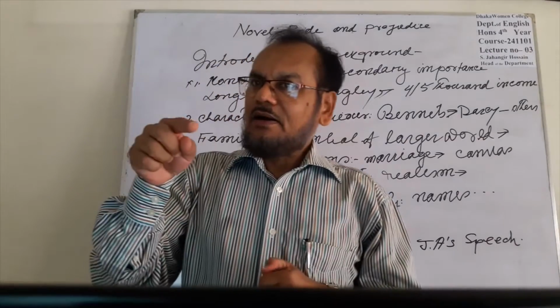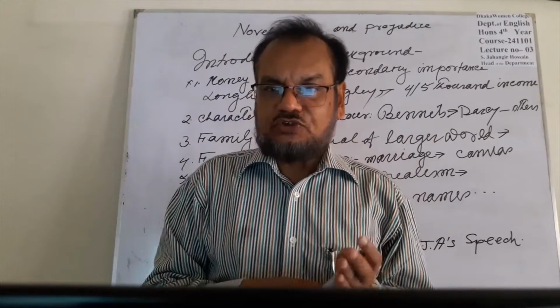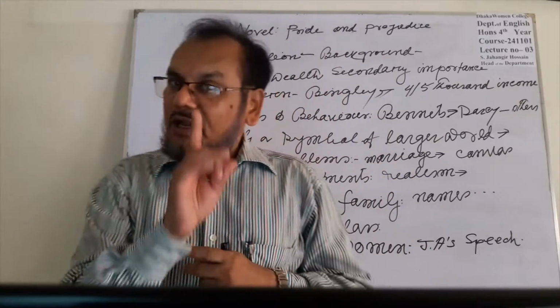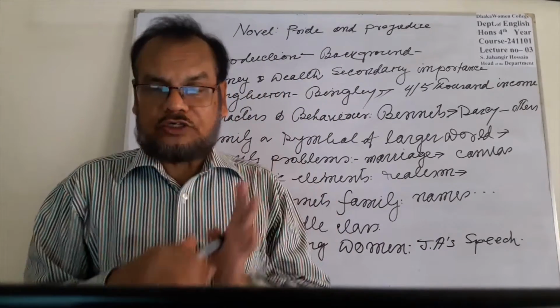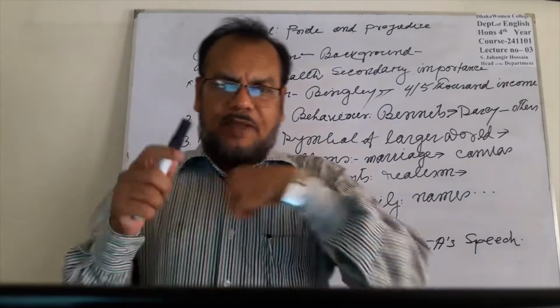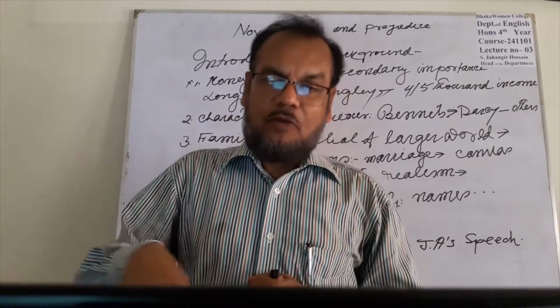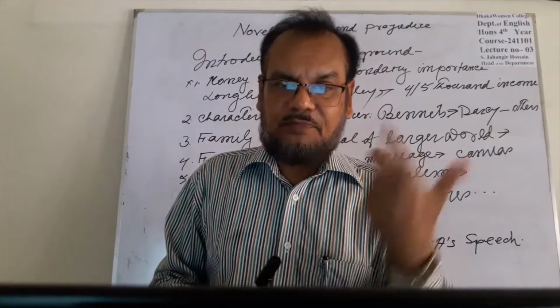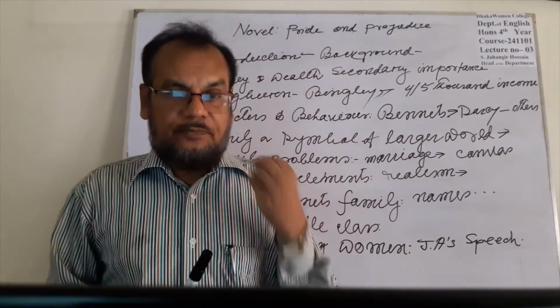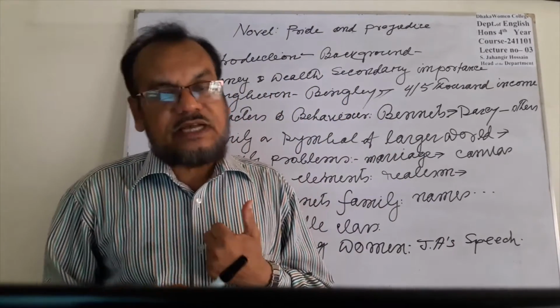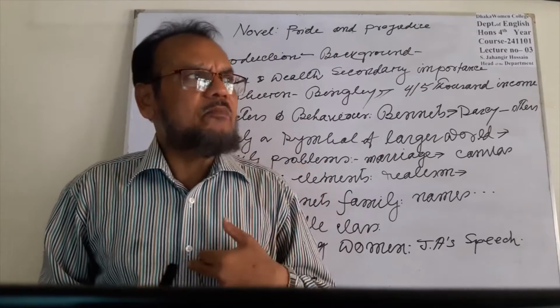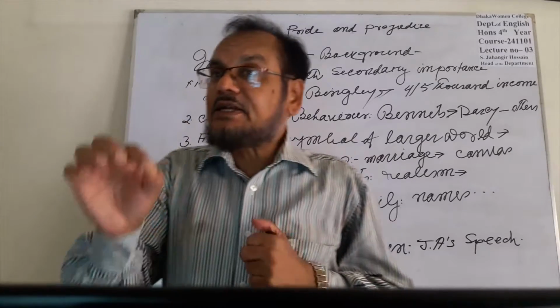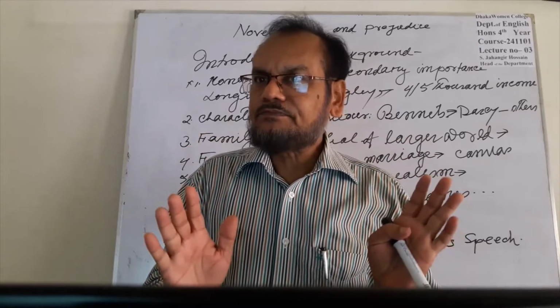So, in Jane Austen's Pride and Prejudice and other novels, she showed that the family is a larger world. Four other novels except Pride and Prejudice are also famous novels of Jane Austen. But what is a symbol? Symbol is a technique of literary art.